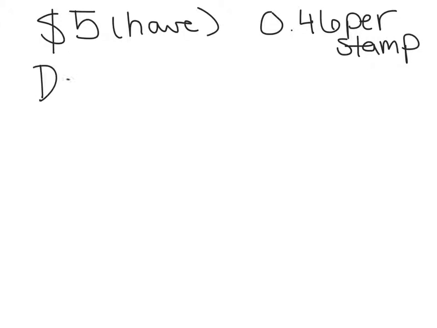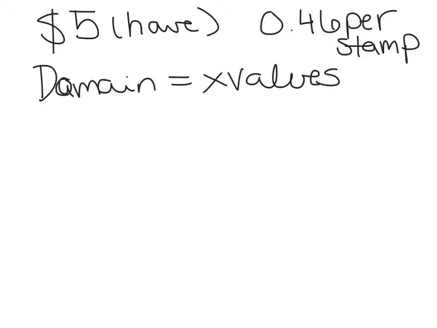Well, domain are the x values. So let's think about what we could plug in. I have $5 and each stamp is 46 cents times x. So x is the number of stamps I want to get.